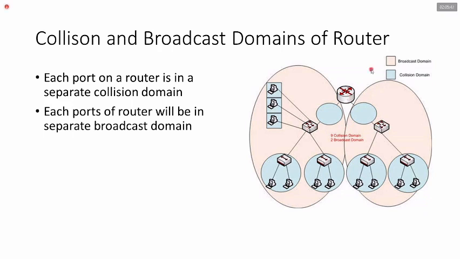Now we'll look at the domains. First of all, the collision domains. The two computers on one hub are in one collision domain, these two are in another collision domain, and these two are in another.